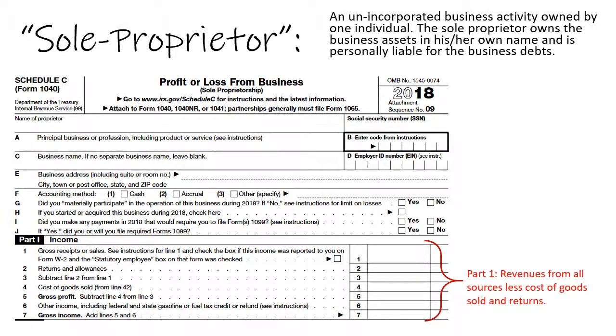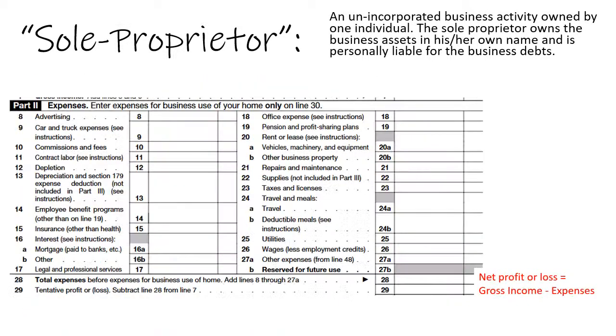Part 1 includes the revenue from all sources of proprietorship income, net of the cost of goods sold, and returns if it's a selling business. Part 2 is effectively the expense portion of an income statement, summarizing the operating expenses as well as cost recovery deductions or depreciation relevant to the business.